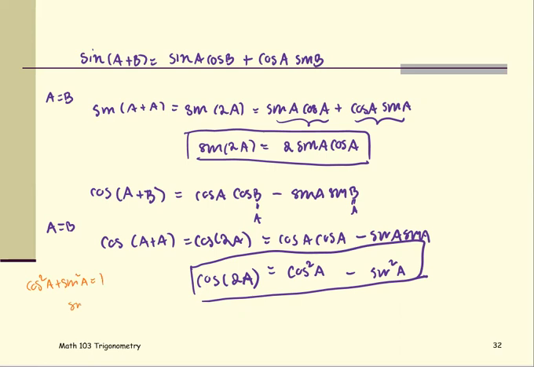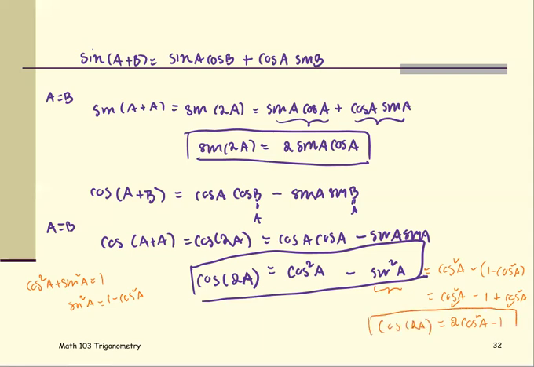If we replace sine squared A with 1 minus cosine squared A, this formula becomes cosine squared A minus the quantity 1 minus cosine squared A. Distribute the negative sign into the parentheses, so we have negative 1 plus cosine squared A, and that will give us two terms of cosine squared A, or 2 times cosine squared A minus 1. And this is another form of the cosine double angle of A.